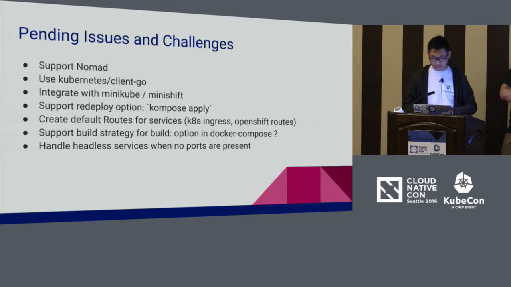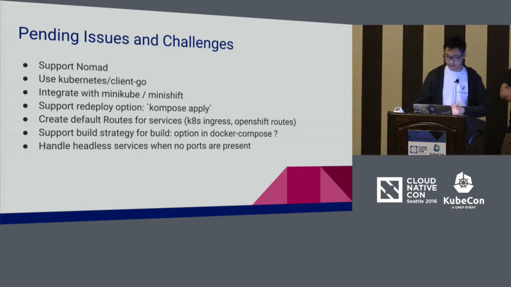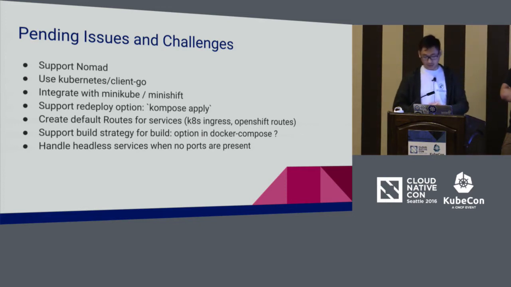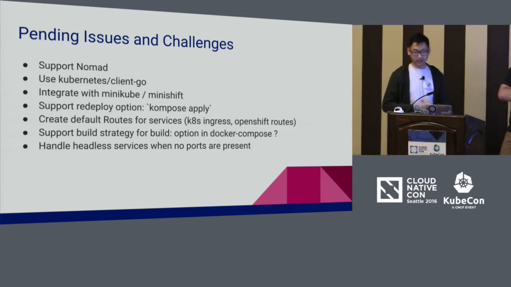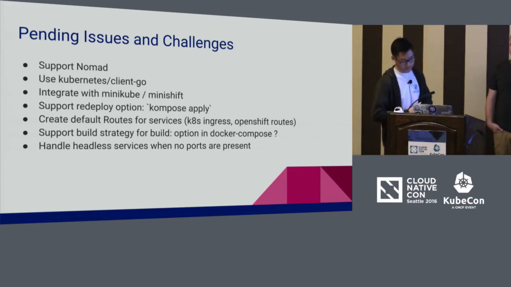Or we could create a default route for services, like a Kubernetes Ingress or OpenShift router. Also, now we don't support build strategies in Docker Compose, but yeah, why not? We should have it in the future.